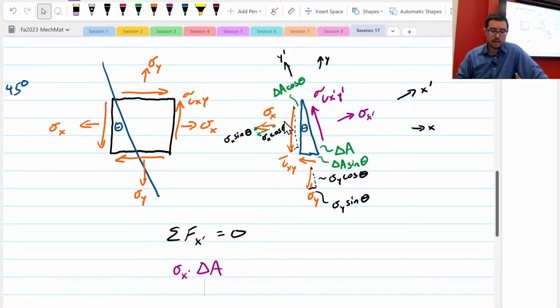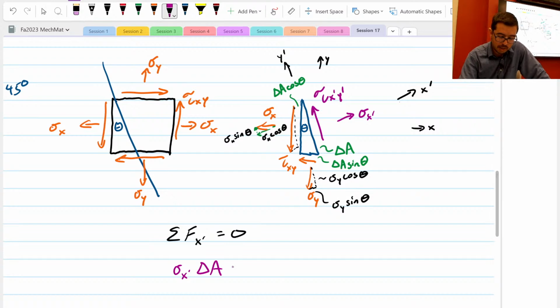Forget about it. Now, let's do the sigma x, because that's probably the easier one. Sigma x is acting on the delta A cosine theta face, and which of these is acting in the x prime direction? The sigma x cosine theta, and it's going in the minus direction.